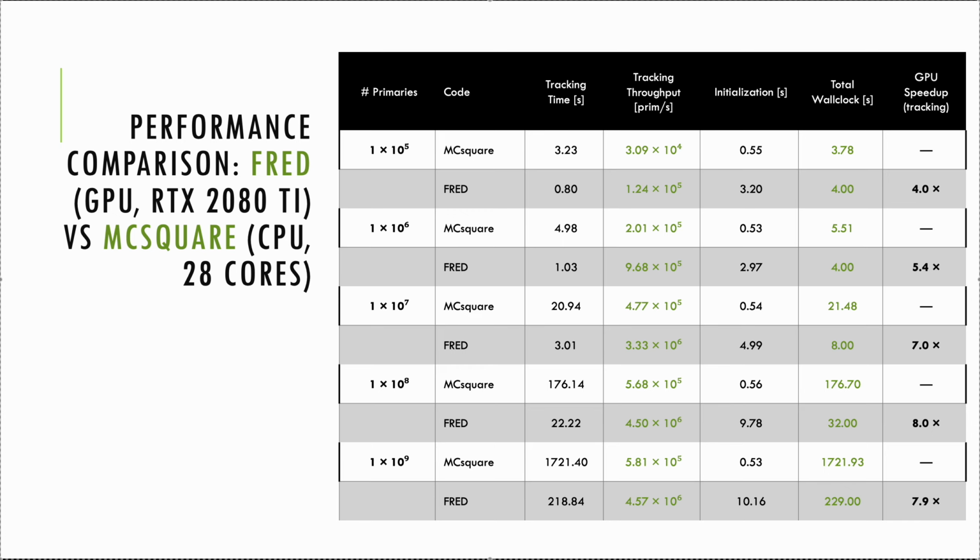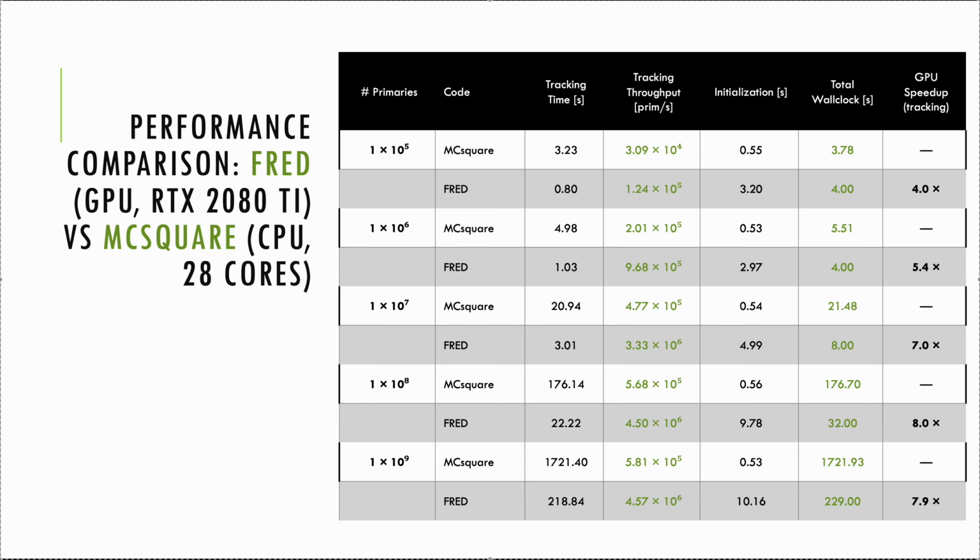When I compared both algorithms, MCsquare and Fred, you will notice that Fred's initialization time changes a lot with the number of particles. When the number of particles increases, it takes longer to initialize the simulation. In the output log I saw that it divides the number of particles into groups; for 10 million, it divided into groups of 4 million, 4 million, and 2 million.